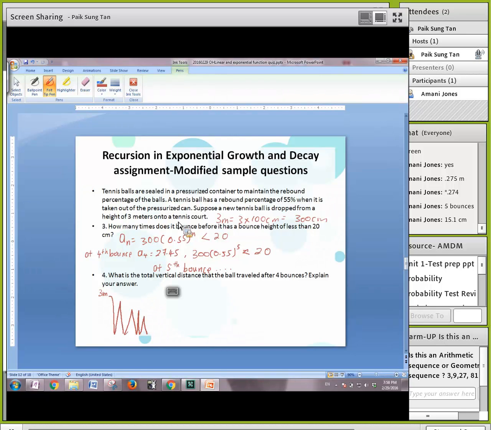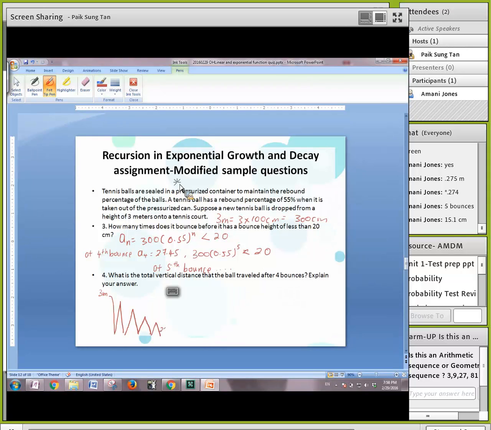Every bounce they go up and down. So if the fourth bounce height is 27.45, then it also has to travel back down 27.45 before it bounces again for its fifth bounce. So everything that you calculate, the height, you have to multiply by 2.